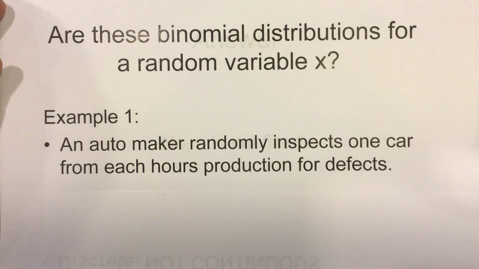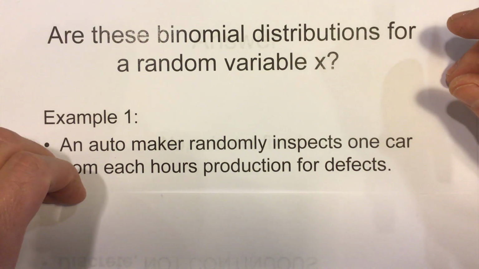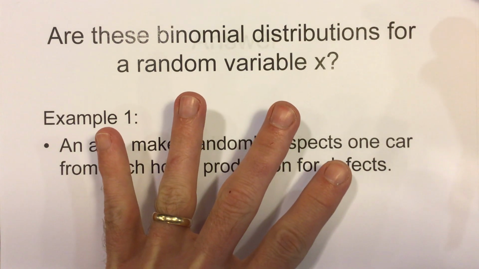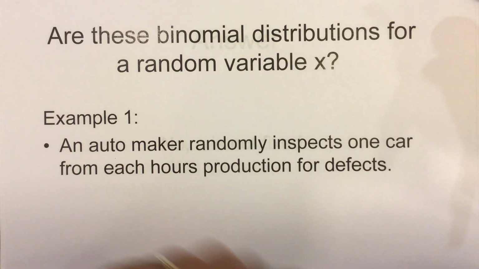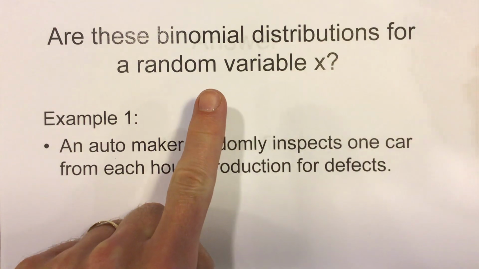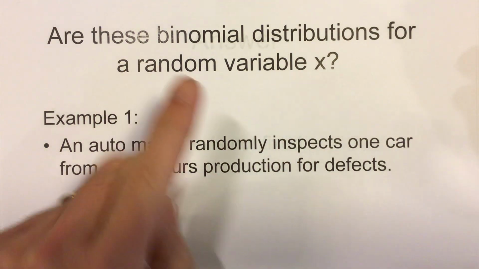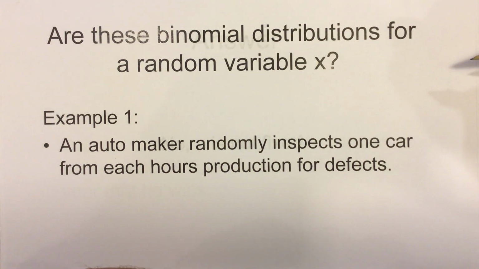Okay. So an automaker randomly inspects 1 car from each hour's production for defects. Okay. Remember, there's 4 criteria to be binomial. Okay, number one, two possible outcomes. Well, you're inspecting for defects. So there's either no defects or there are defects. So there are only two possible outcomes here.